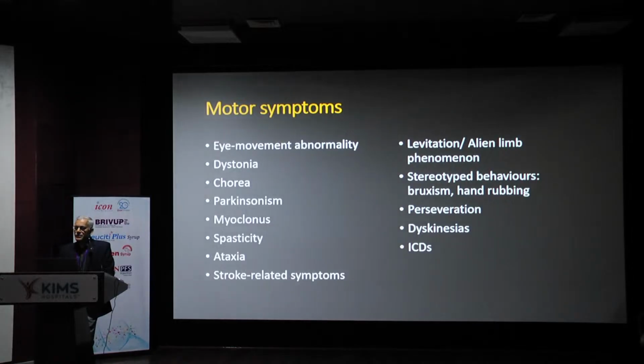And some of the important things which are picked up in neurology are the levitation or alien limb phenomena, stereotyped behavior, perseveration, which you can observe, some dyskinesias, and the ICDs. ICDs are seen in patients who have Parkinson's disease for long duration, who are on particularly dopa agonist.